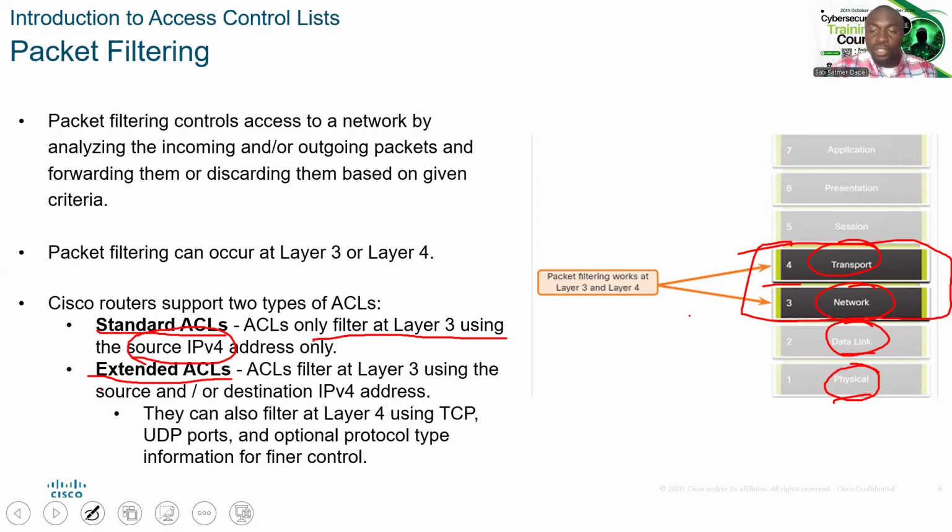It functions on this layer. The standard access list functions at that layer. And what does it use? It uses the source IP address.